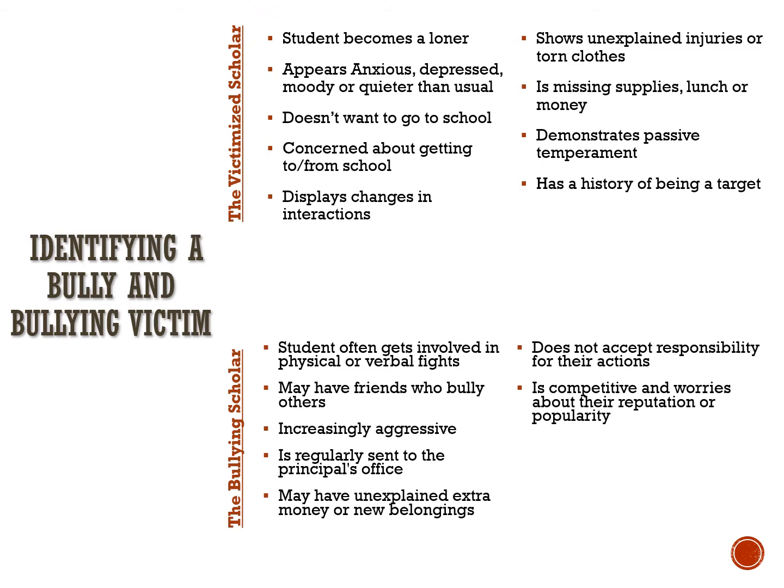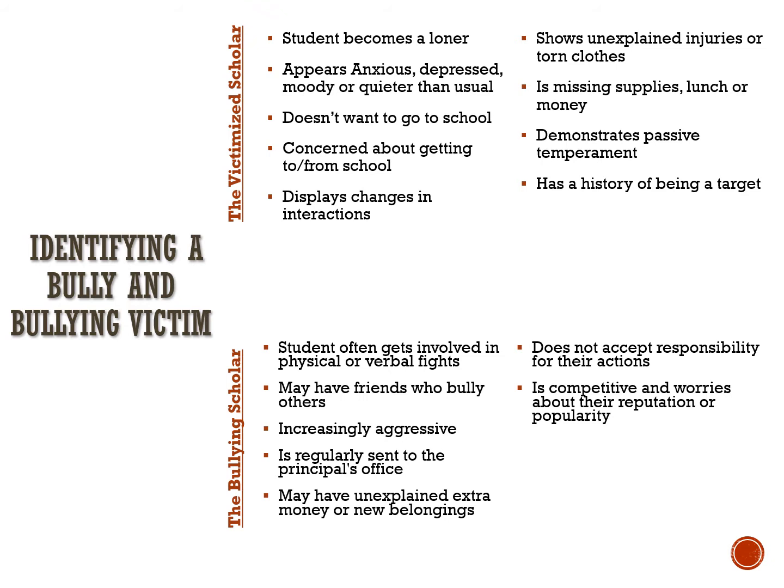You might also notice changes in their social interactions or even the way they interact with you. Many times victims of bullying have unexplained injuries, torn clothes, missing or damaged supplies, missing property, or money. Oftentimes, victims of bullying have a history of being a target in the past.